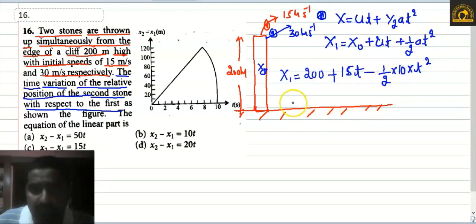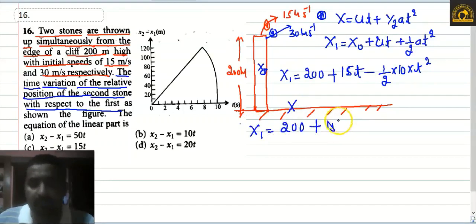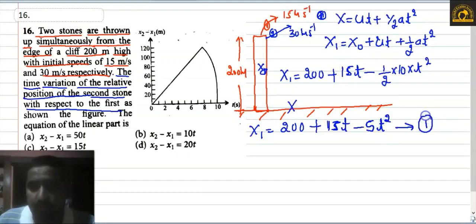So x1 is equal to 200 plus 15t minus 5t square. This is equation 1, the x1 value.